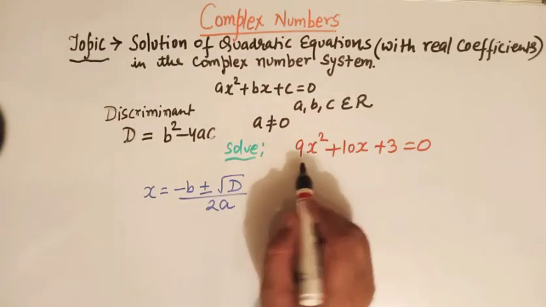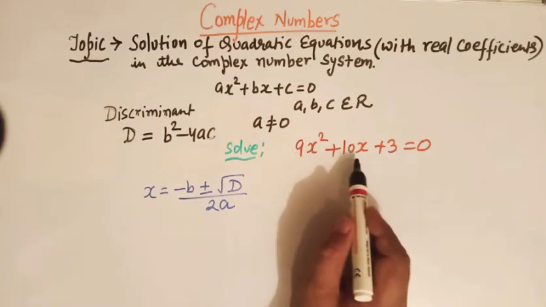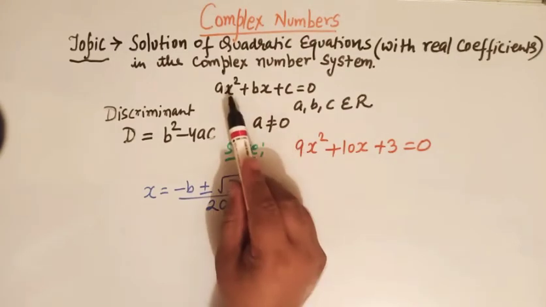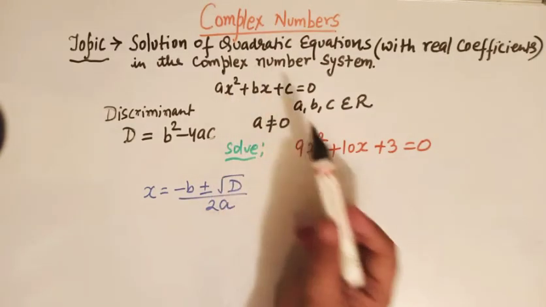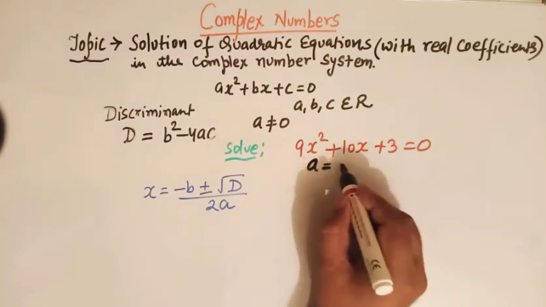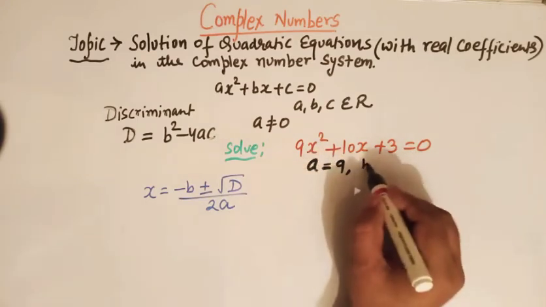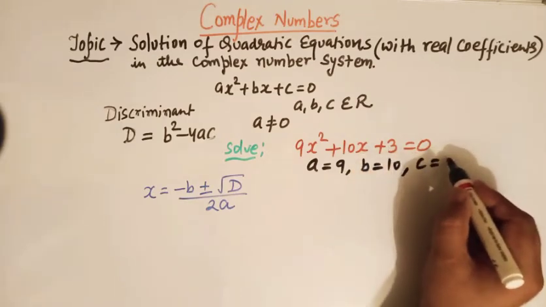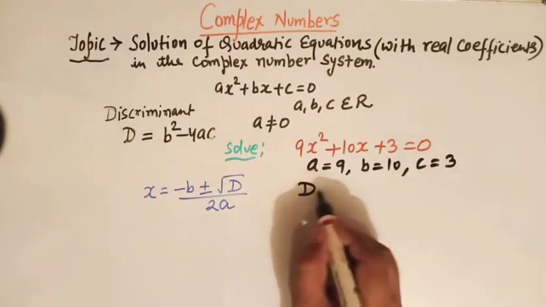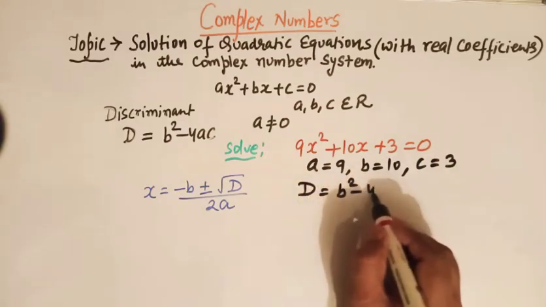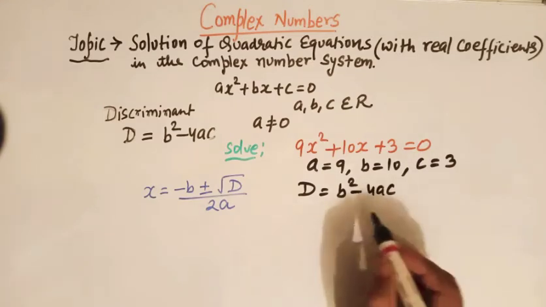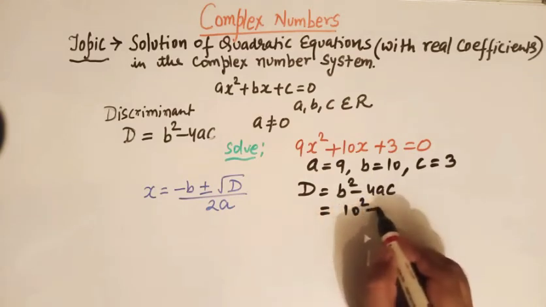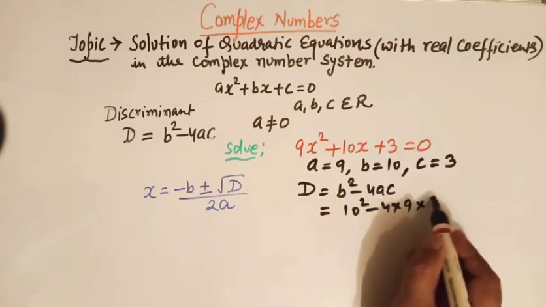Now viewers, let us take this problem. Here we have 9x square plus 10x plus 3 equal to 0. So if we compare this equation with this standard quadratic equation, we have a is equal to 9 and b is 10 and c is 3, right? Now the discriminant d is b square minus 4ac, and this can be calculated as 10 square minus 4 into 9 into 3.